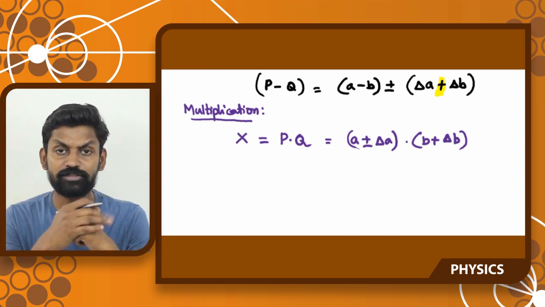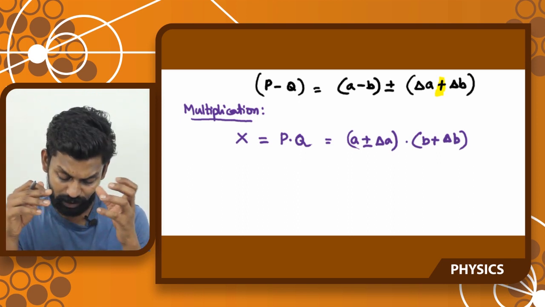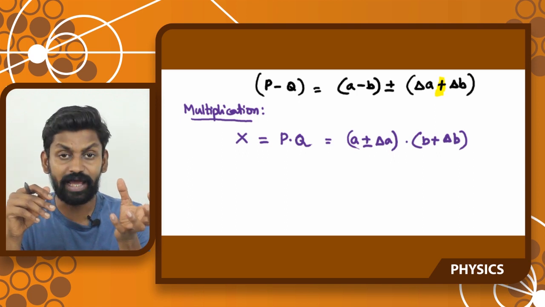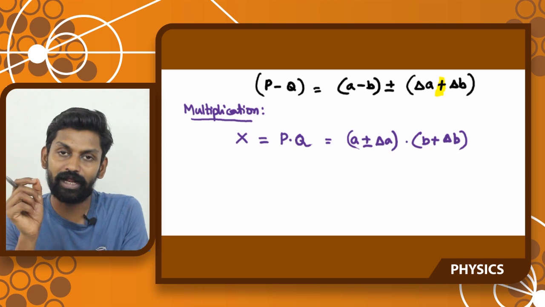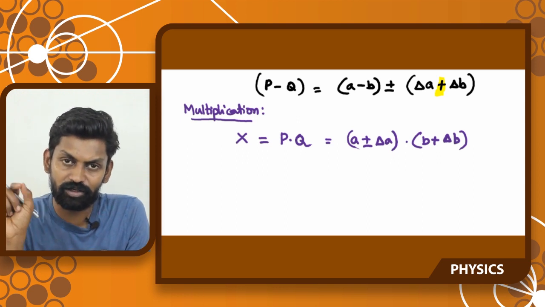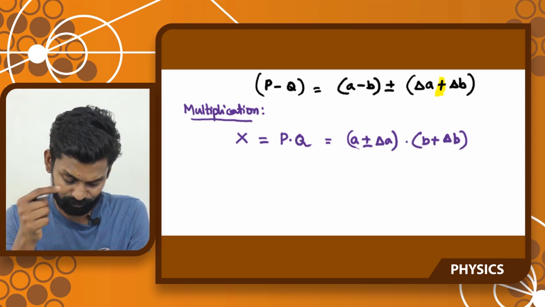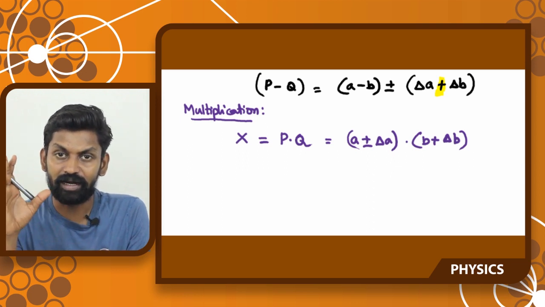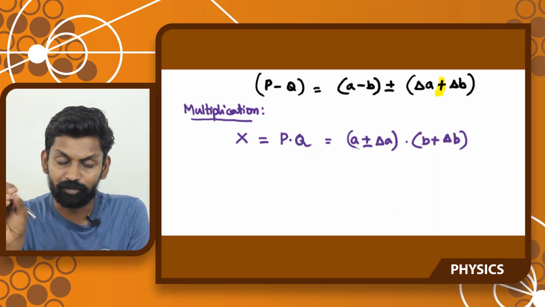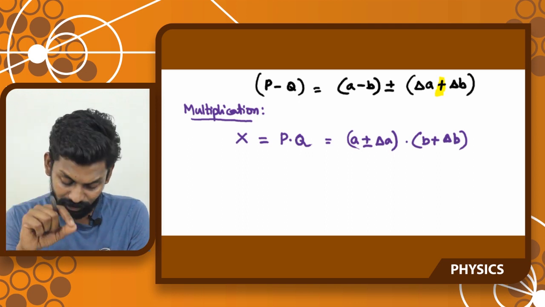If you do not know differentiation also, we can understand it this way. A physical quantity x is a product of two quantities P and Q. So the error in P and the error in Q will definitely both separately affect the error in x.